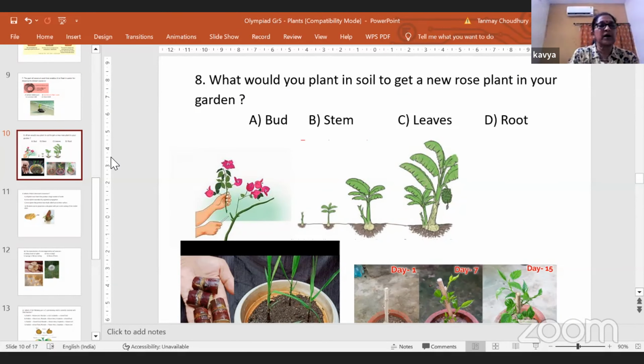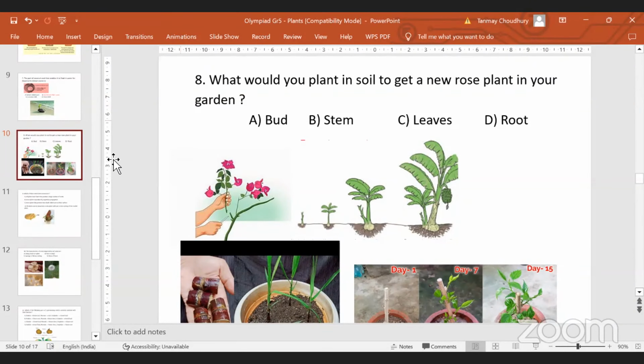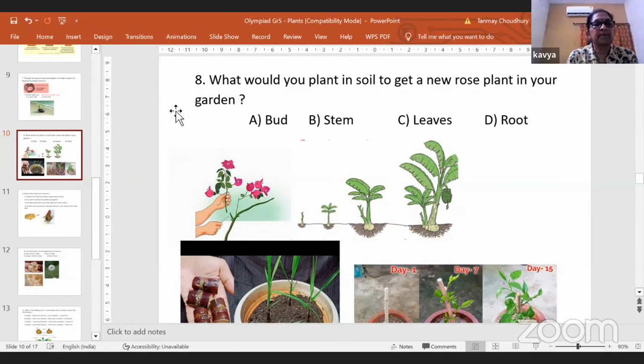But the rest of the parts, that is root, stem, and leaf, are the vegetative parts.